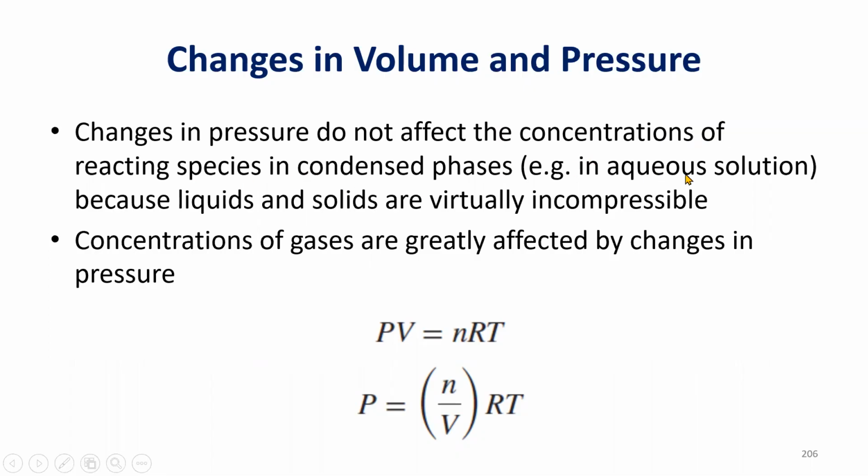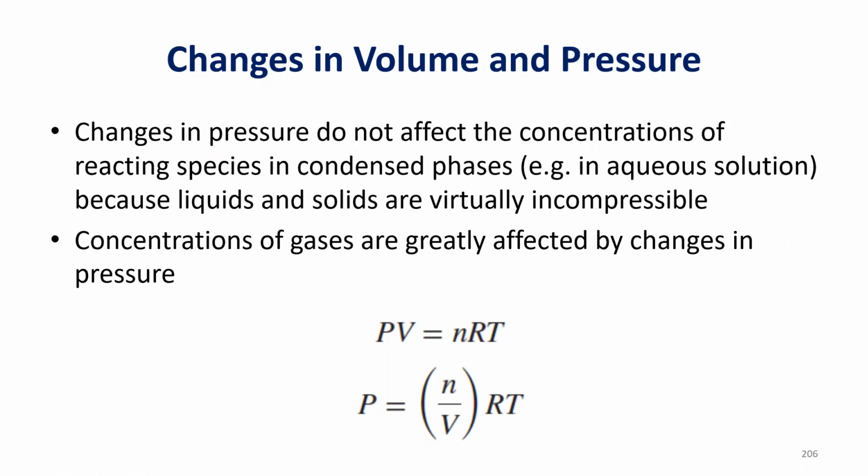So if your reaction mixture is aqueous or you have solids, any changes in pressure will not affect this equilibrium, because the condensed phases, that is liquid and solid, are virtually incompressible.